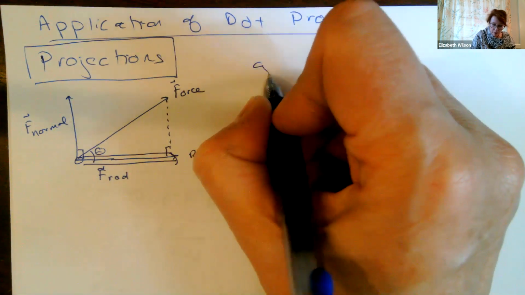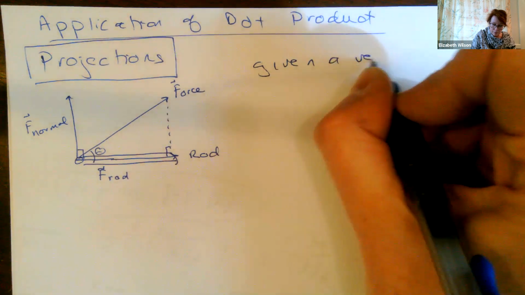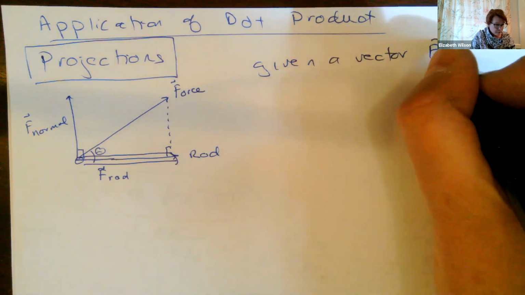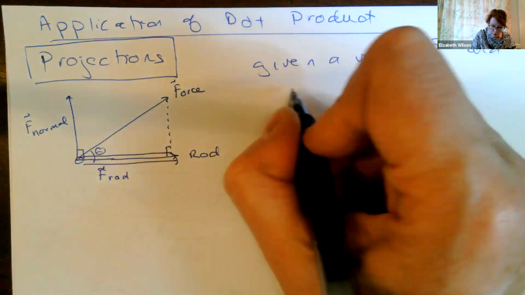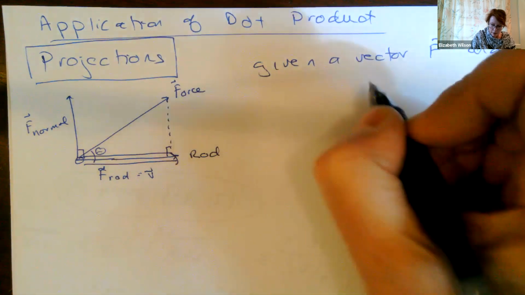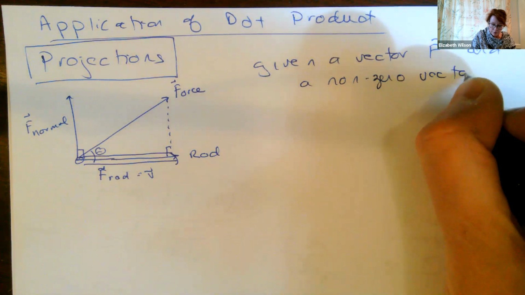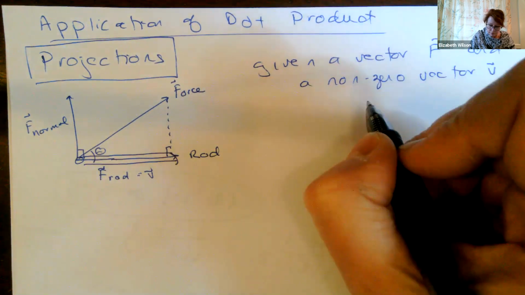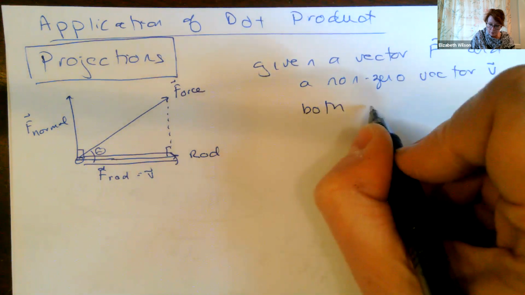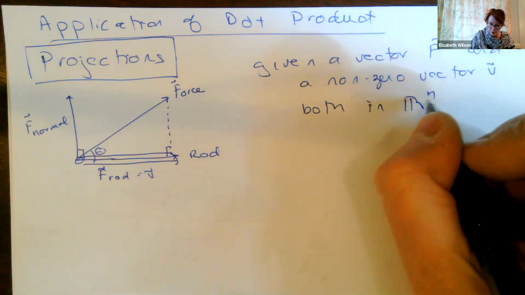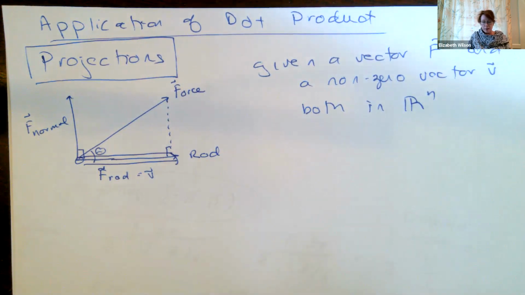So let's write that down. Given a vector F, and I'm going to call this B, and a non-zero vector V, both of them in R^n, so they have to be in the same dimension, obviously, because we're doing vector math on them.